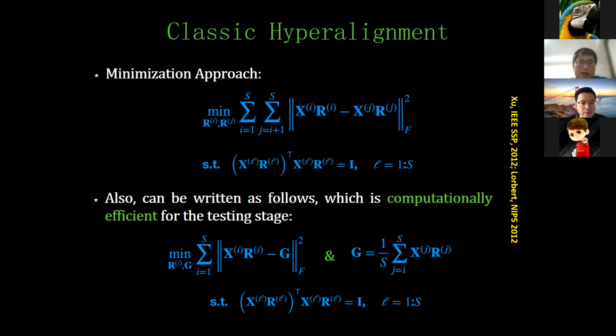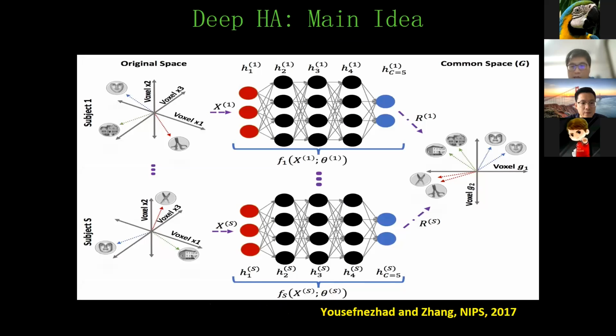And hyperalignment is a classical method for this. So the equation is this. I think I don't have too much time. Okay, and in 2017, we proposed a method called deep hyperalignment. This idea is also very simple.